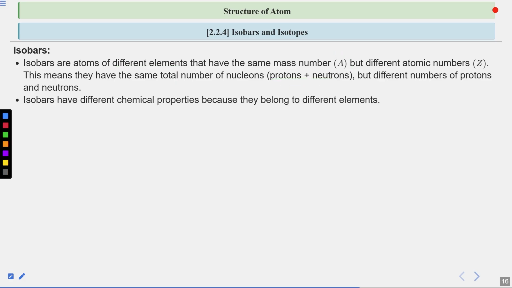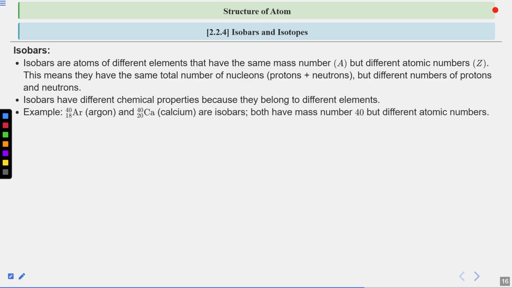Second thing, since their count of electrons is different, their chemical properties will obviously not be the same. And they all will belong to different elements because electrons are responsible for the chemical reactivity of each and every element. For that reason, the chemical properties of the isobars will be completely different. The example of it would be argon and calcium.